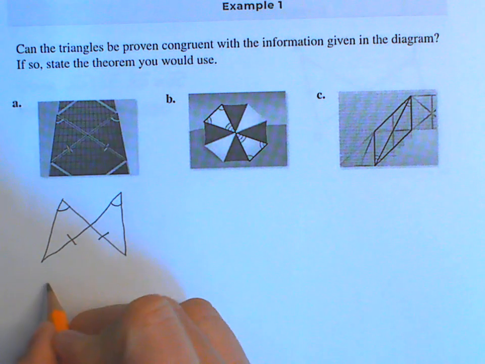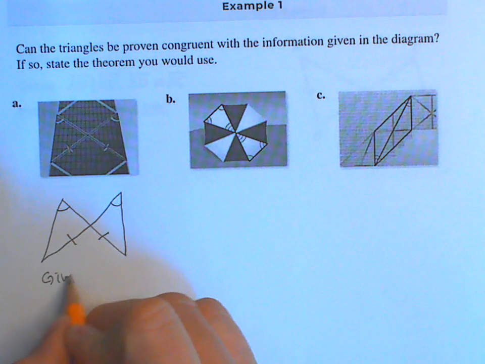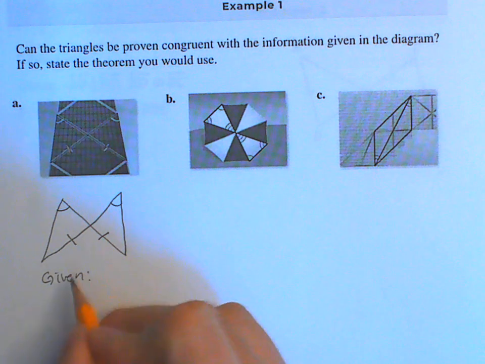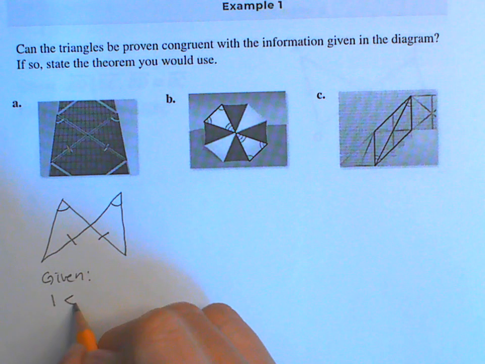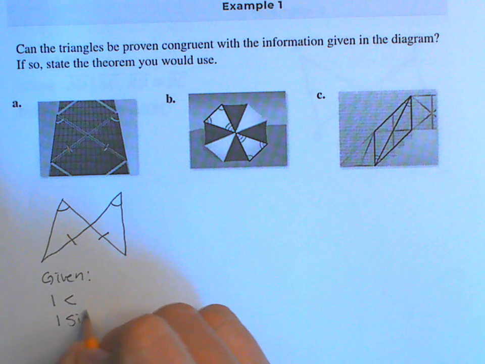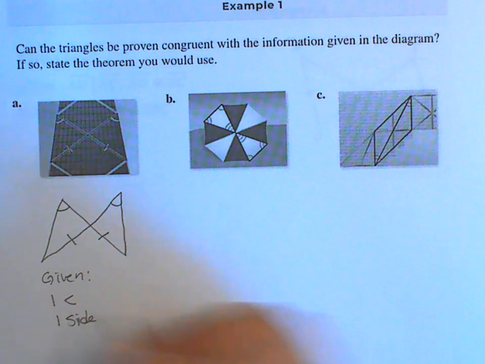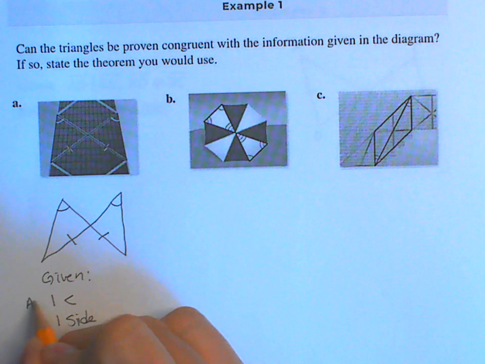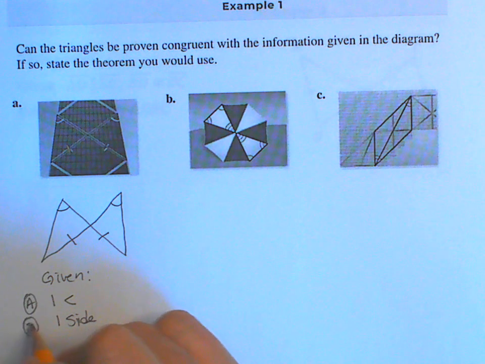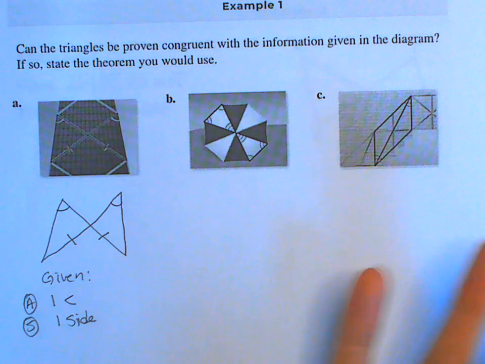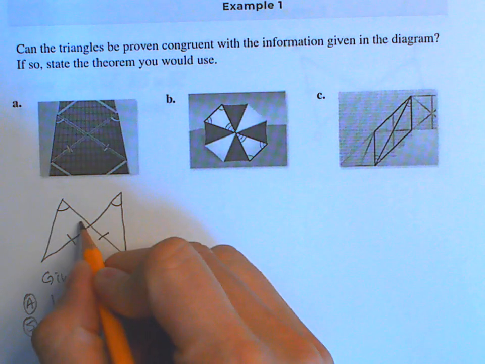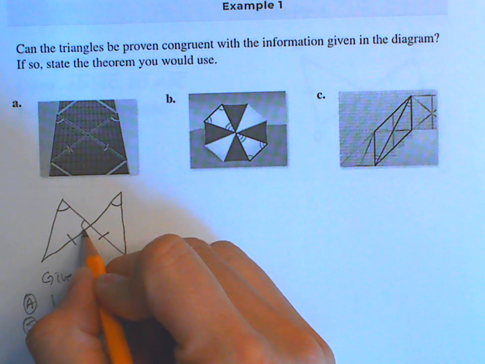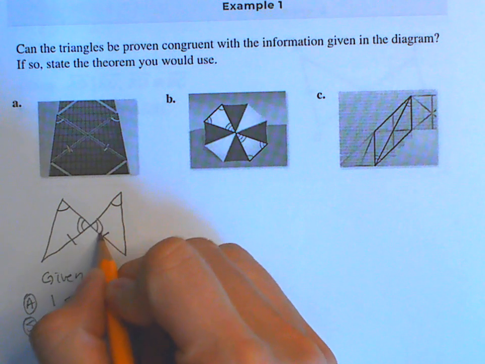So what you have given, according to this, is one angle and one side that are congruent. That's not enough because that only gives you an angle and a side. So you need something else. If you look at this, these here are vertical angles. So this angle here is congruent to this one right here.